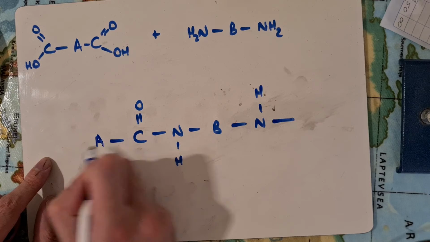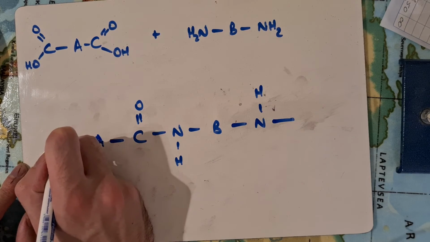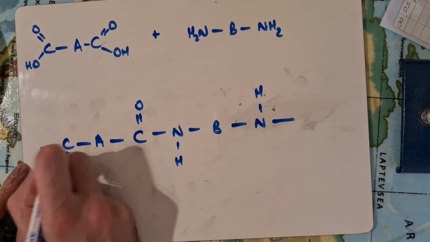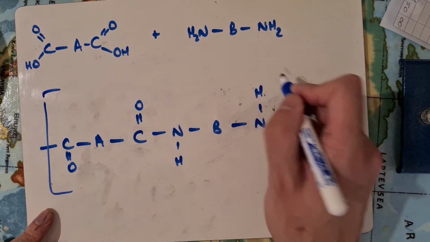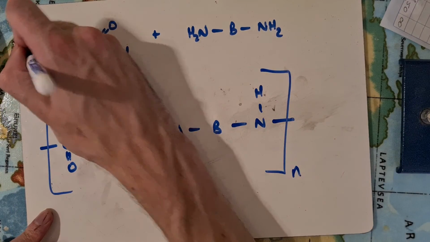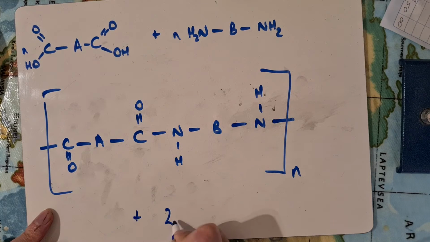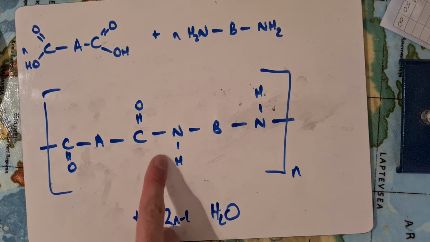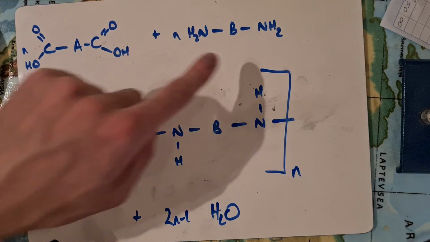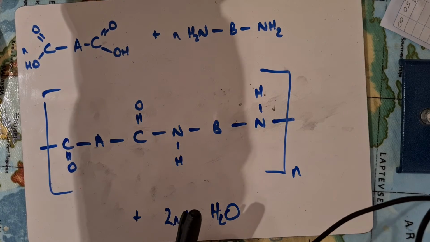Then going this way, we'll have A and B in brackets, n of them, plus 2n minus 1 H2O. Water will be given off here, given off there, given off there, all along the chain. So that is our general equation for polyamides from two different monomers, a diamine and a dicarboxylic acid.